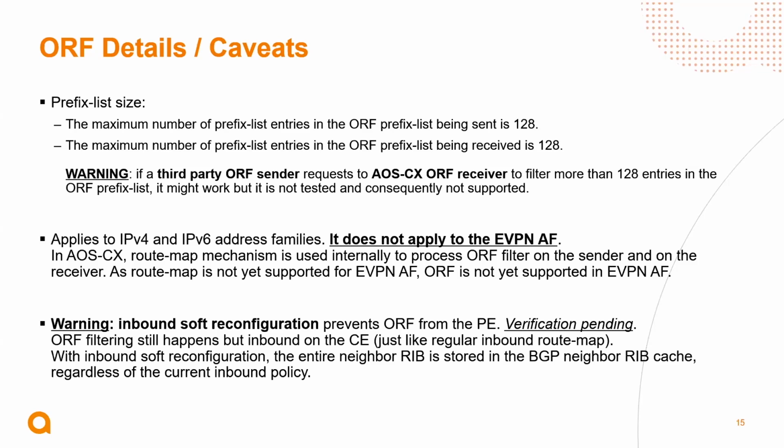So there is some verification on that one that will be clarified, and we will update the slide deck on that. Maybe one reason would be that inbound soft reconfiguration requires the entire neighbor RIB to be stored, and so we'll have some mutual exclusion of the way the prefix list is being sent to the PE. Again, we will get a slide updated on that one.